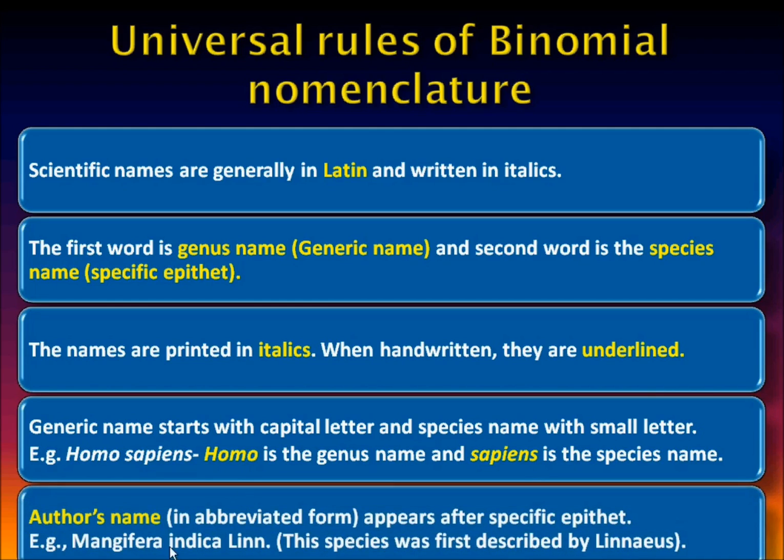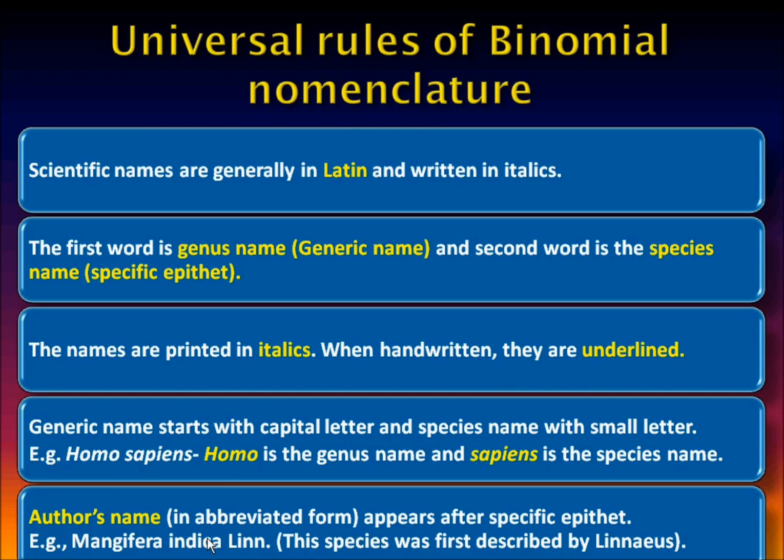Now let us see another rule, the author's name, meaning the author who gives the name to a particular organism. That is in abbreviated form and appears after the specific epithet or the specific name. Suppose we have Mangifera indica.